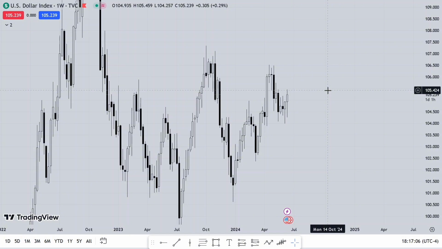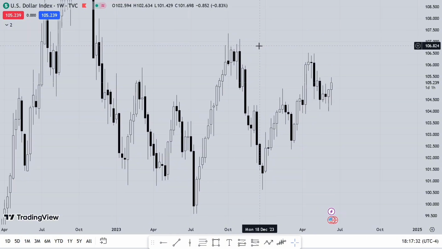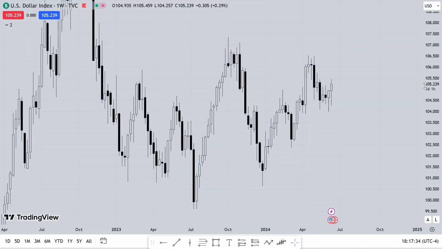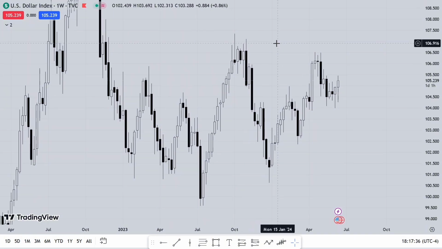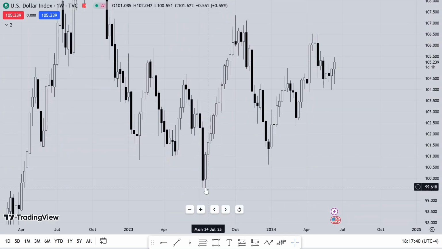So let's begin. What is liquidity in trading? As you can see, there are swing highs and swing lows every time the market changes direction. For example, this right here is a swing low.